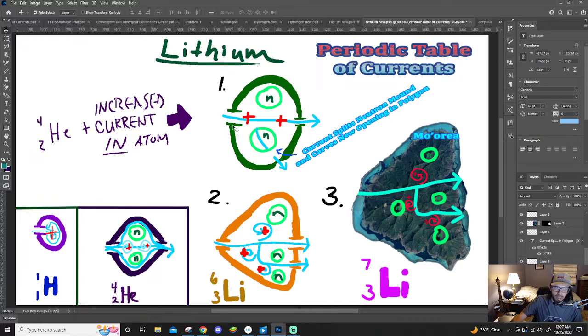When it's 2-4, it has a neutron on each side, and the current cutting across can go physically down the middle of one.